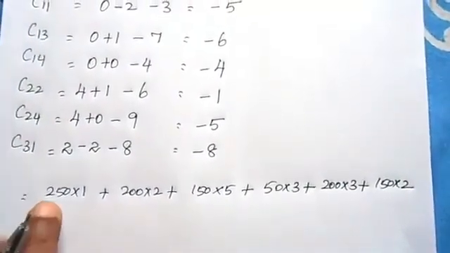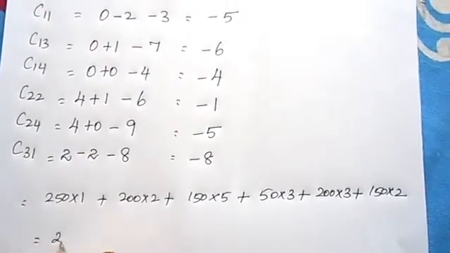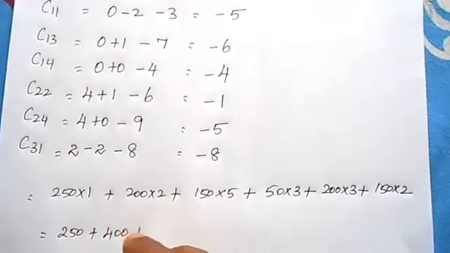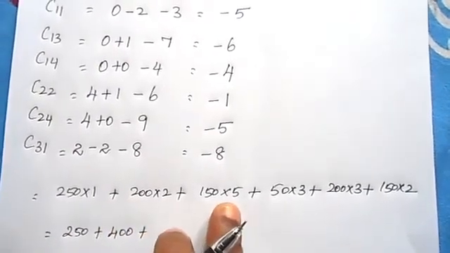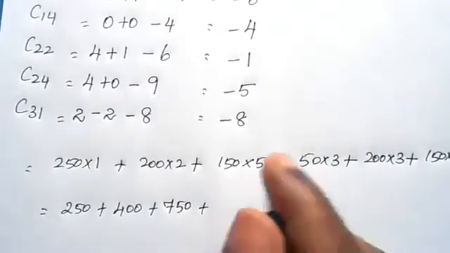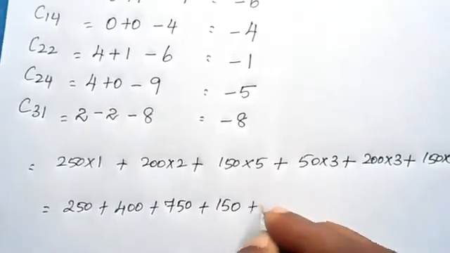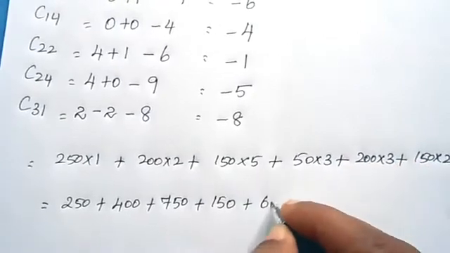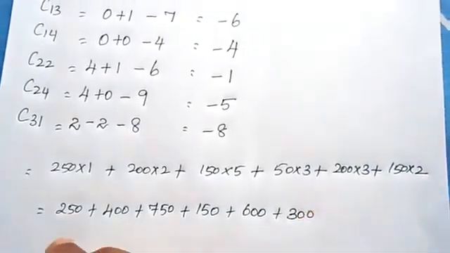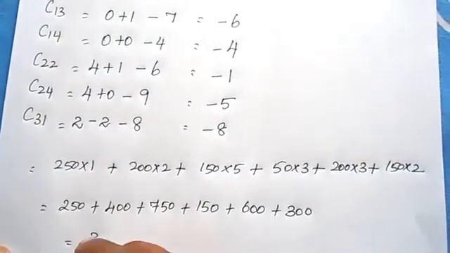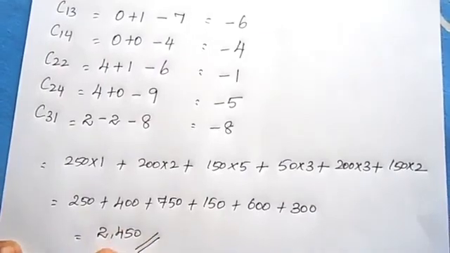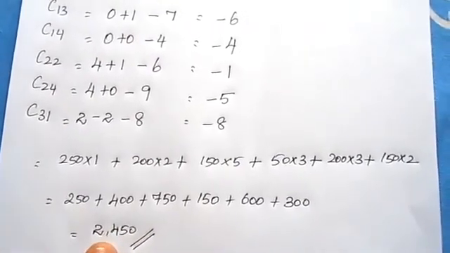What is the total cost? 250 into 1, 250; 200 into 2, 400; 150 into 5, 750; plus 50 into 3, 150; plus 200 into 3, 600; plus 150 into 2, 300. Total cost, how much? 2,450. This is the total transportation cost. This is the optimum answer.